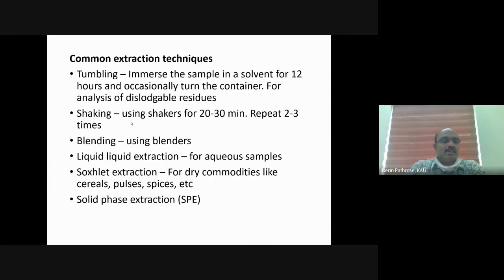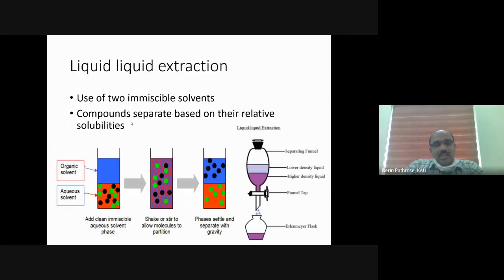Then oxalate extraction, liquid extraction, solid phase extraction and others I will discuss with pictures. Liquid extraction is the method adopted for extracting pesticide residues from water. The adopted and accepted practice for extracting pesticide from drinking water is liquid extraction.